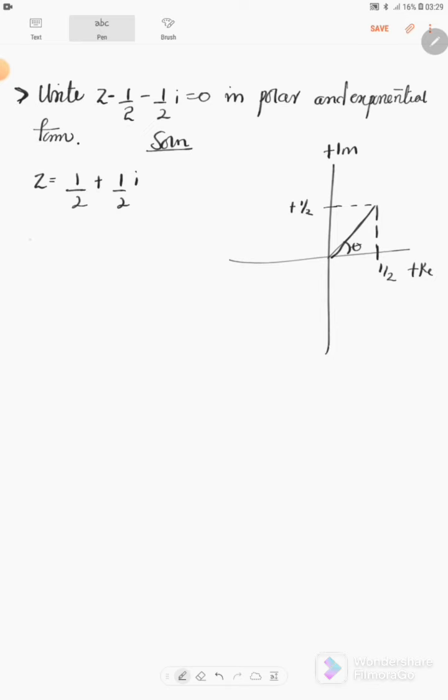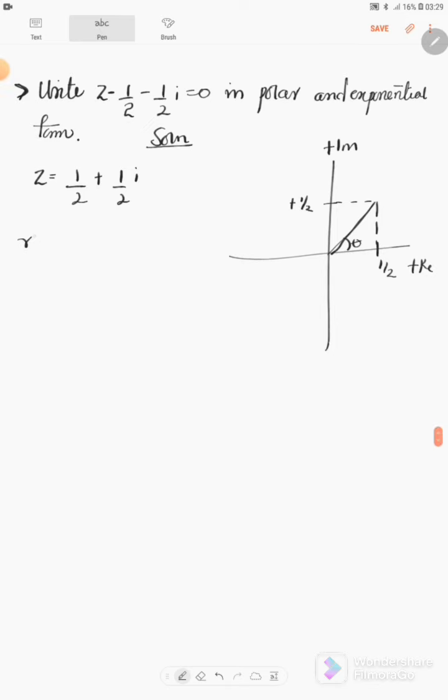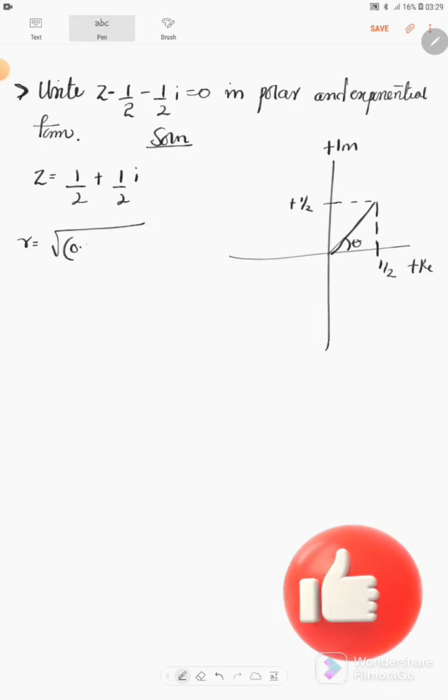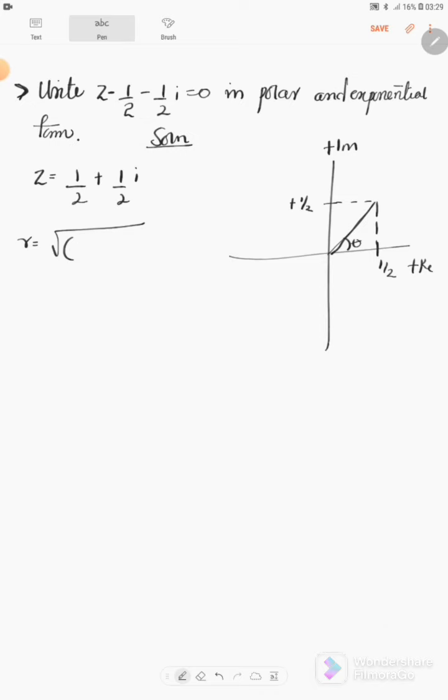Now our r will give us what? R equals square root of a squared plus b squared, 0.5 or 1 over 2. Well, let me use 1 over 2. 1 over 2 squared plus 1 over 2 squared. Let me use the calculator.